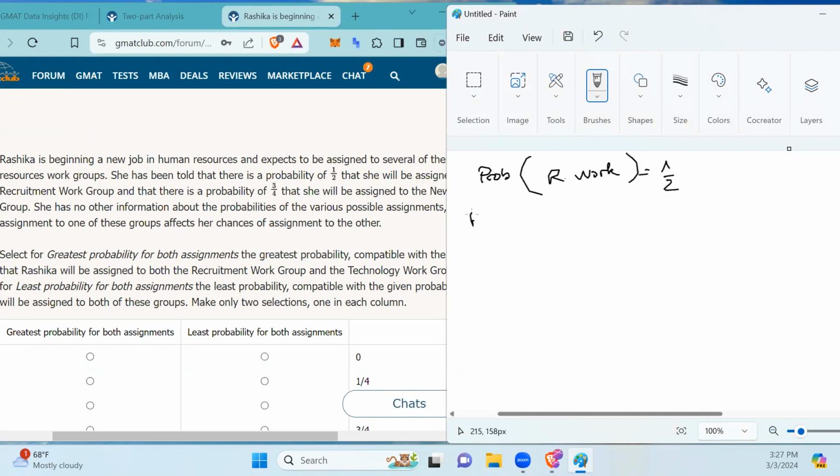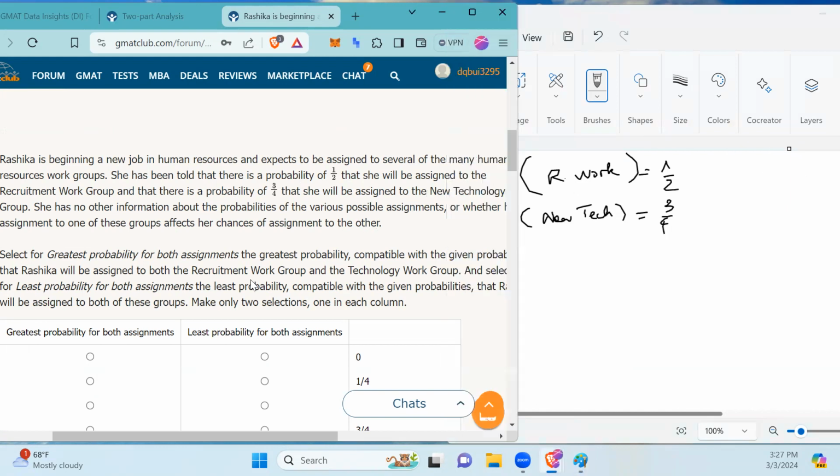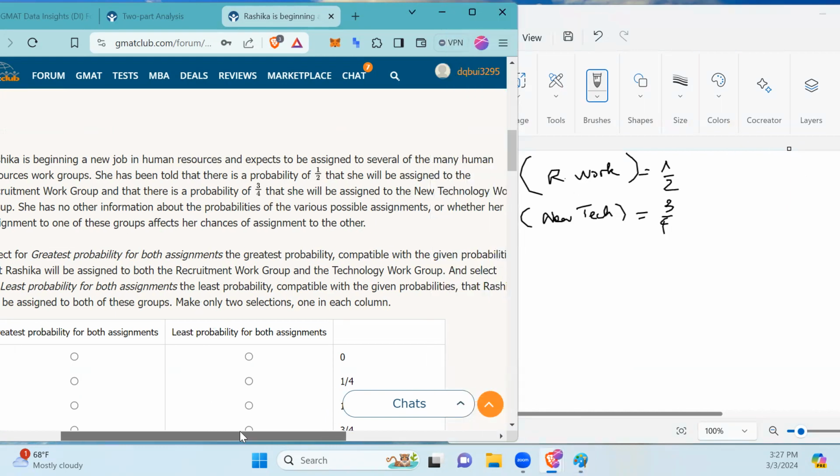And they ask us the maximum probability that she gets assigned to both and the minimum probability that she gets assigned to both.